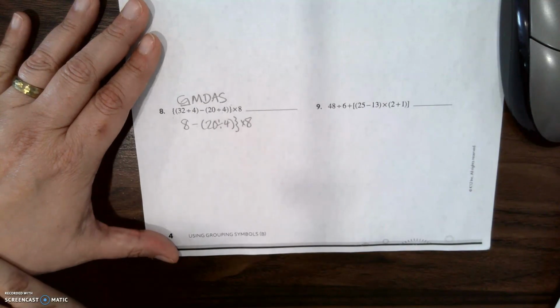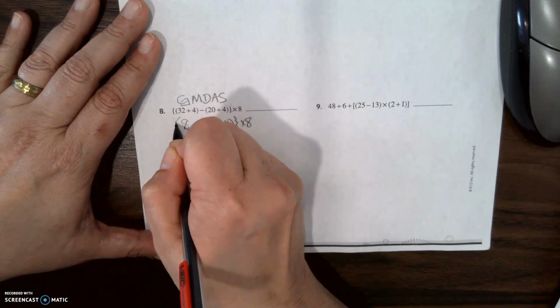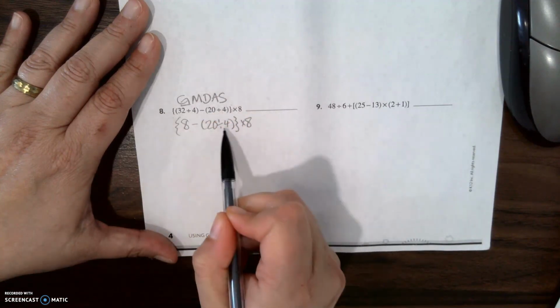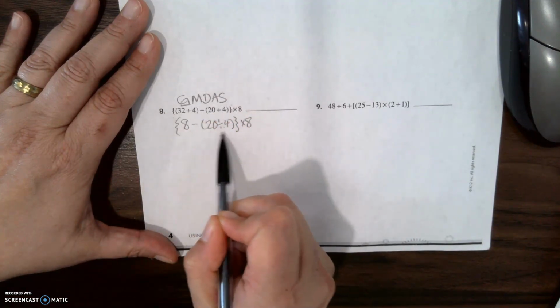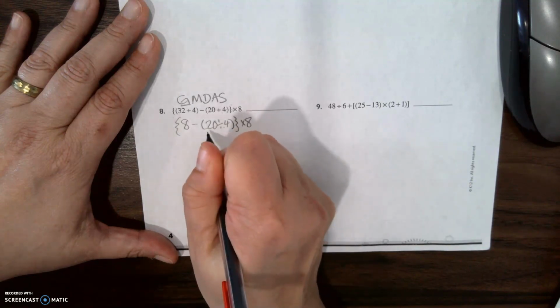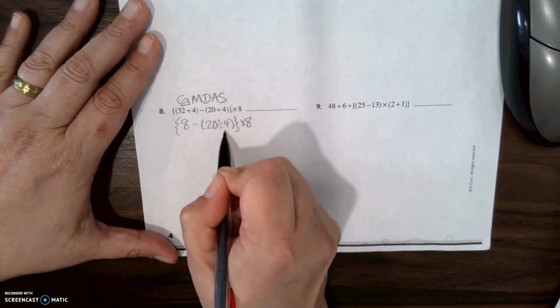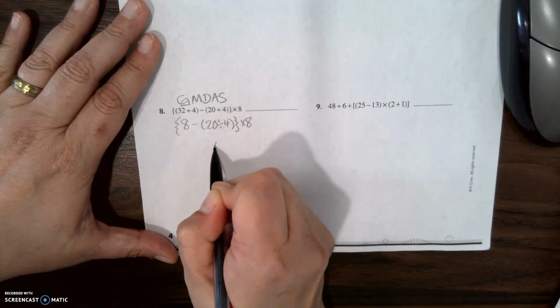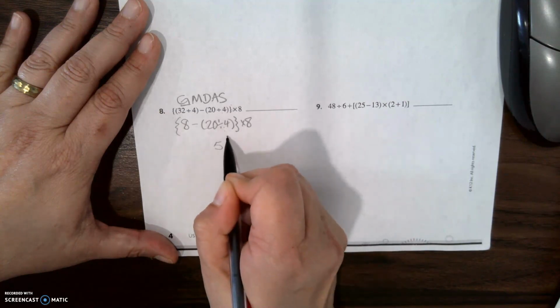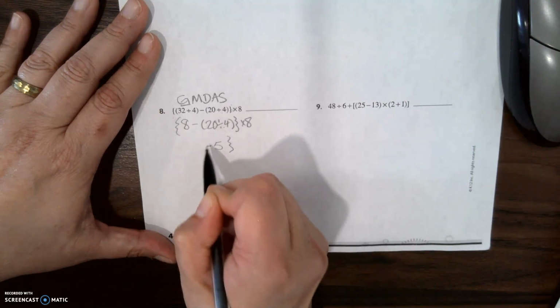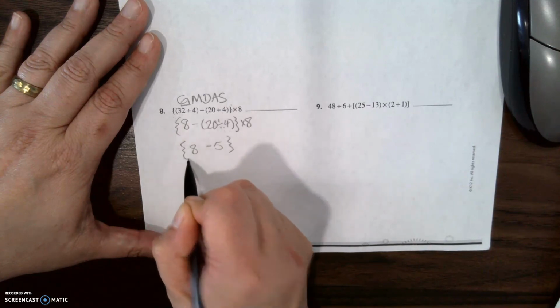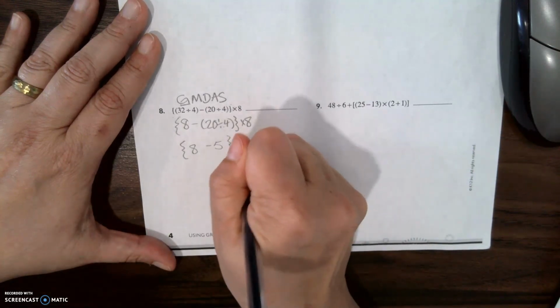Okay. And then we can say, well, here, I guess we could do that too. Then this, we'd have to solve this parentheses. 20 divided by 4 is 5. Bring that parenthesis down. Okay. Times 8.